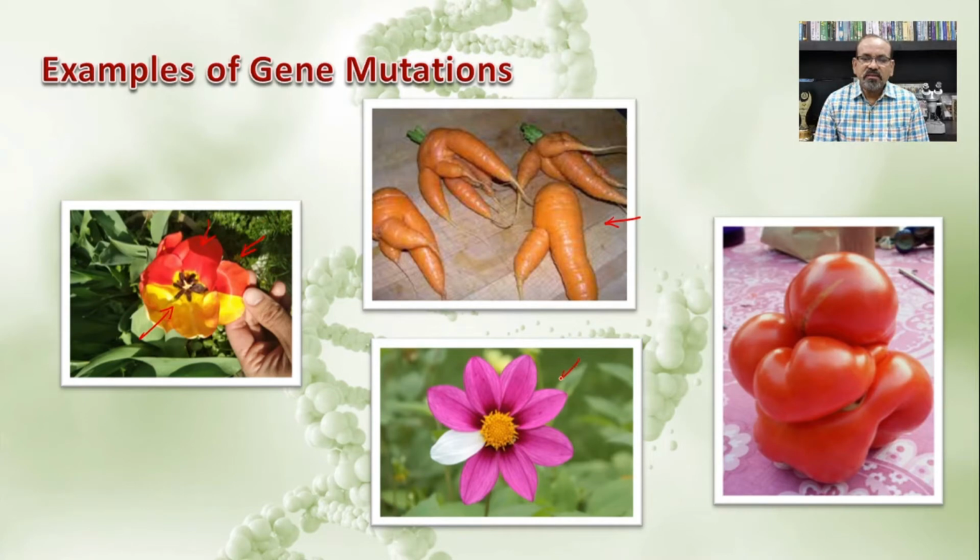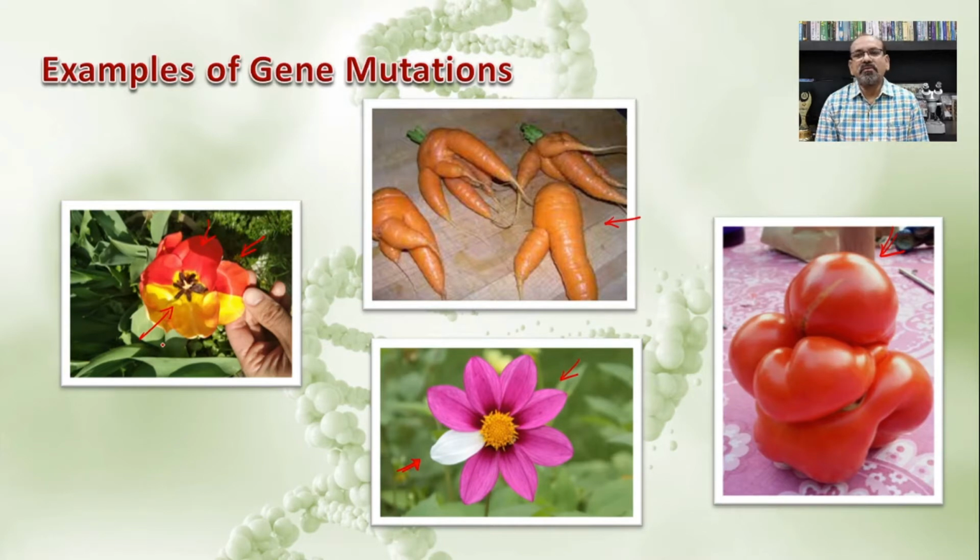If you see this third picture, instead of the formation of pink petals, one petal is completely white, and this is again one example of mutation. Such examples, like the tomato, in other plants or other fruits also we are observing, and routinely they are shared through social media as well as newspapers, where different fruits take different shapes.